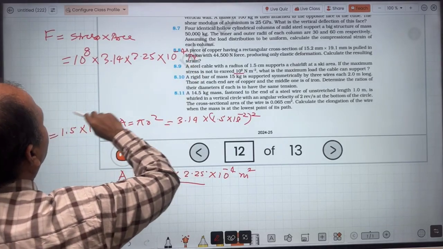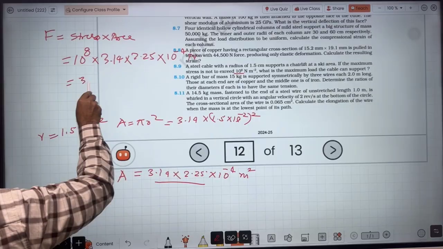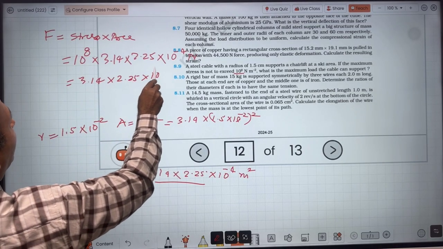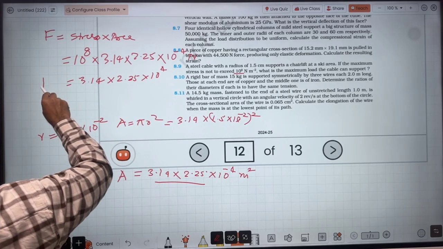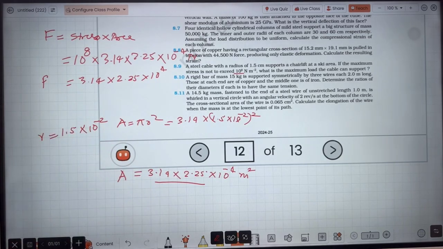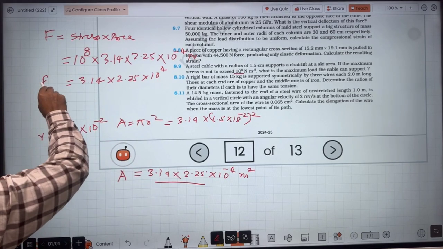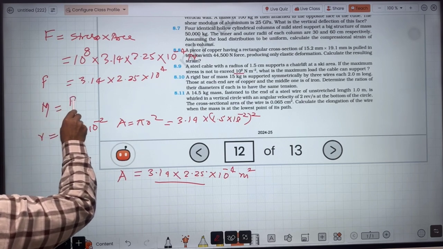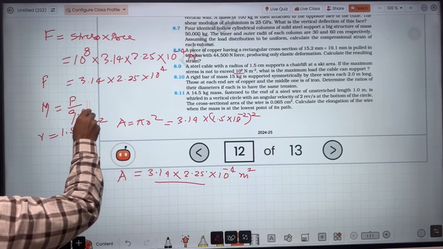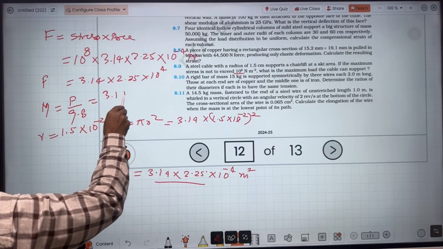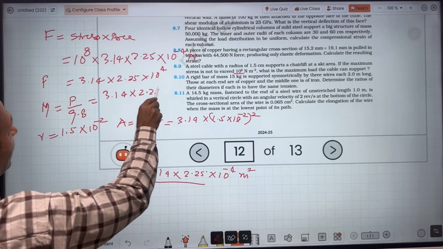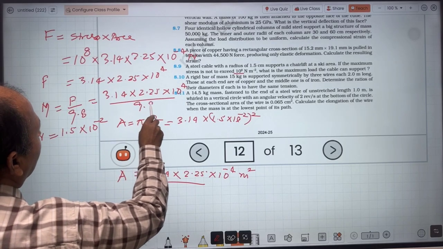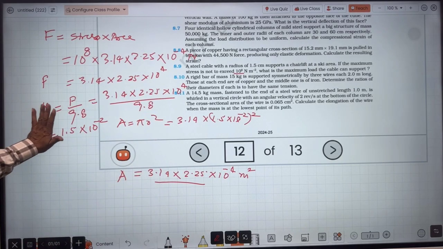So this will be in Newton, right? You can adjust the power: 3.14 into 2.25 into 10 to the power 4. This is force. Weight is the same as force. So if we need mass m, it is force divided by 9.8, so 3.14 into 2.25 into 10 power 4 divided by 9.8 kg.